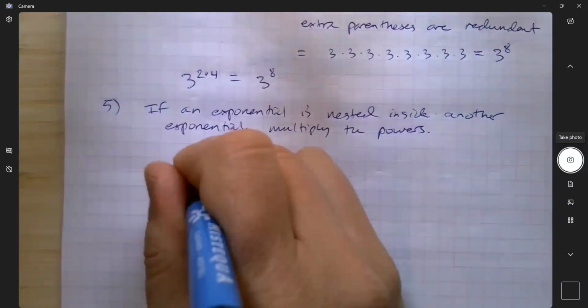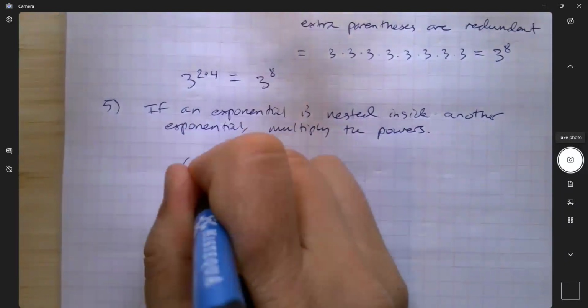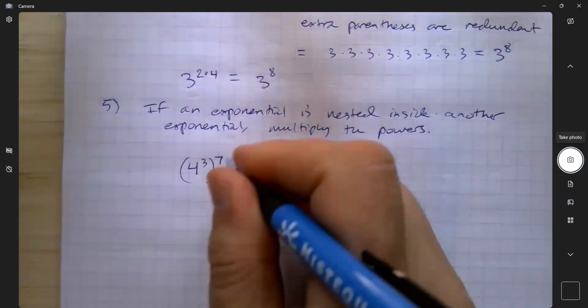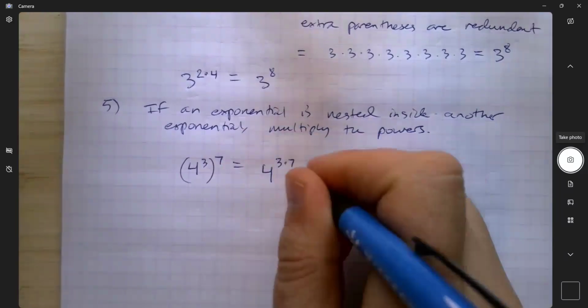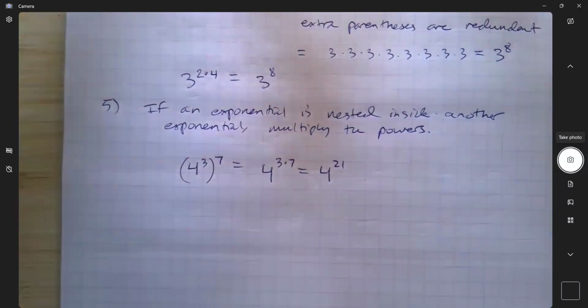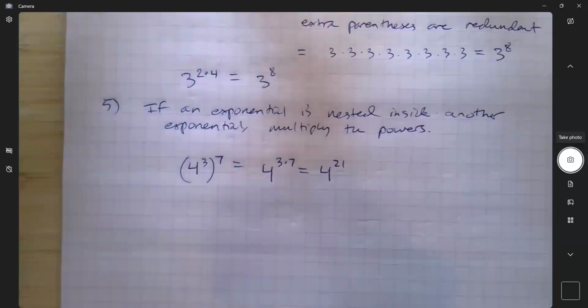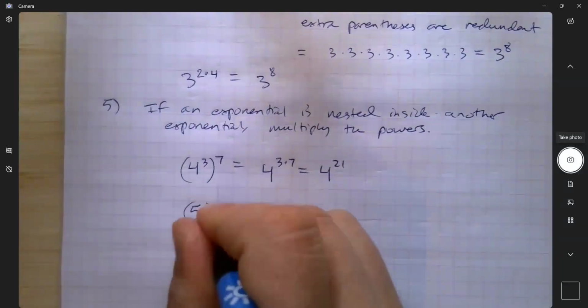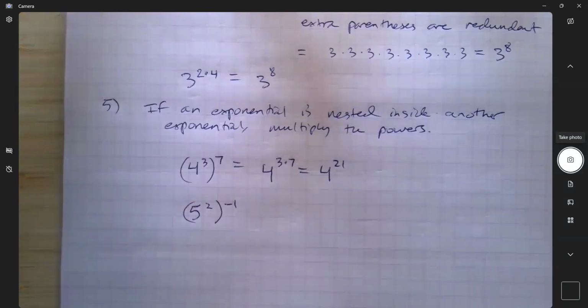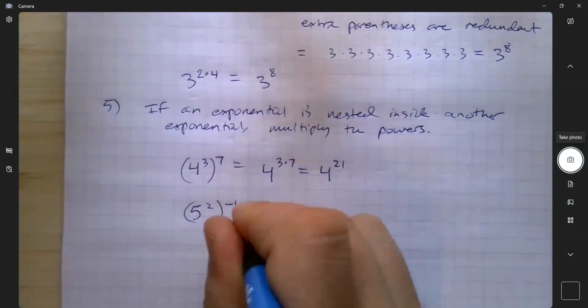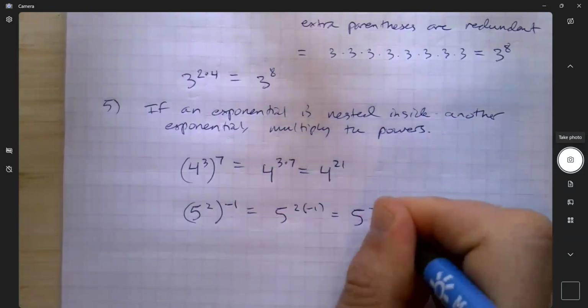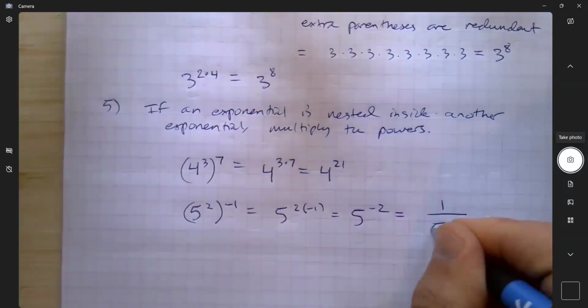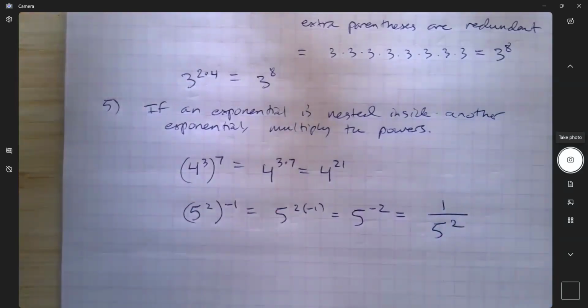Let's look at 4 cubed raised to the 7th. That would be 4, and then you multiply the 3 times 7, which is 4 to the 21st. This is used a lot when you have something raised to a power, and then you have it to the -1. 2 times -1 is 5 to the -2, which is 1 over 5 squared.